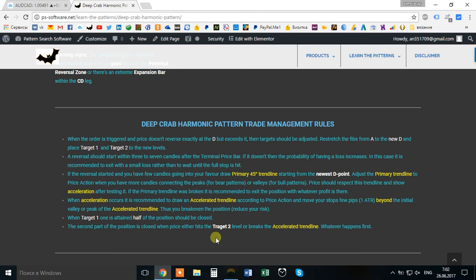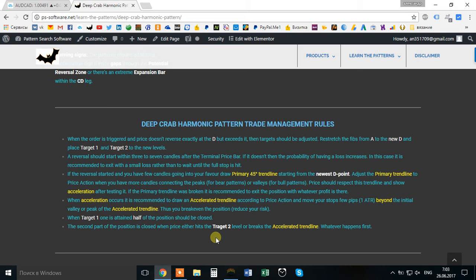If you see that the pattern is developing your way, it is working your way, you should do aggressive trade management, protecting your profits, trailing your stops, and so on and so forth, drawing trend lines to project your targets, to see how you can maximize your profits.